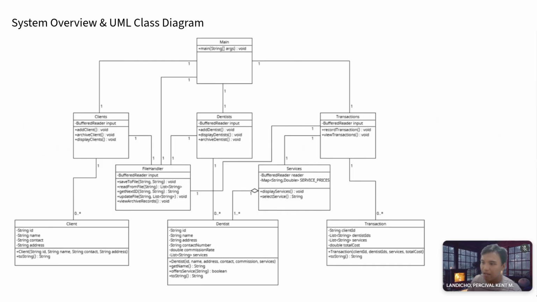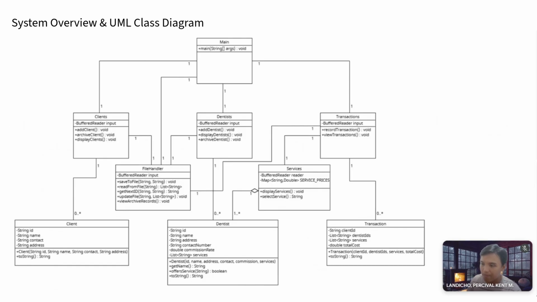The transaction class holds the record of a single clinic transaction. Its attributes include client ID as a string, dentist IDs and services as lists of strings, and total cost as a double.